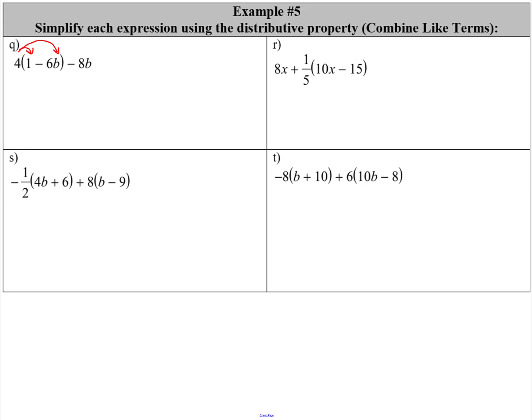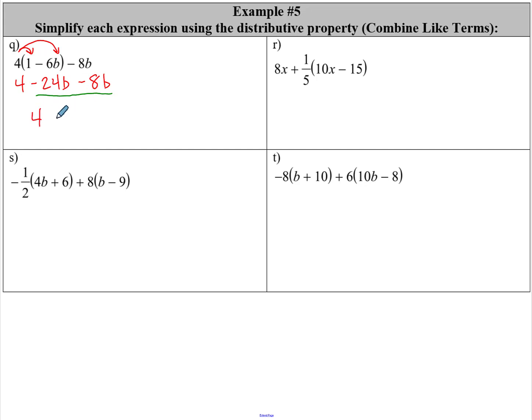I'm just going to do this here. 4 times 1 will give me a 4. 4 times a negative 6 is going to be a negative 24b. And then I have the minus 8b. Okay. These are my 2 like terms. Remember, the signs that are next to them. I have a negative 24b minus an 8b, and that is going to give me a negative 32b.